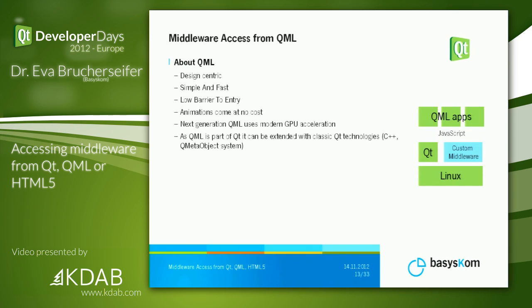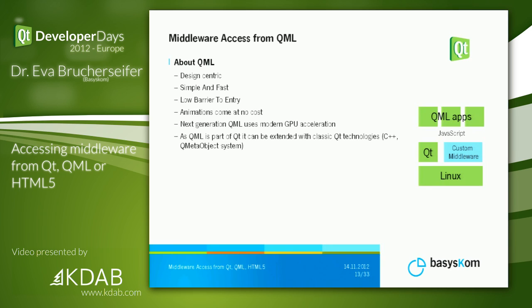It's written so that guys who don't have much knowledge about programming can just sit in front of their PCs and Macs and hack the first application. So it's very easy to get started. Animations come with nearly no cost. They are implemented inside QML. It's very easy to get animations running. It's part of the language.